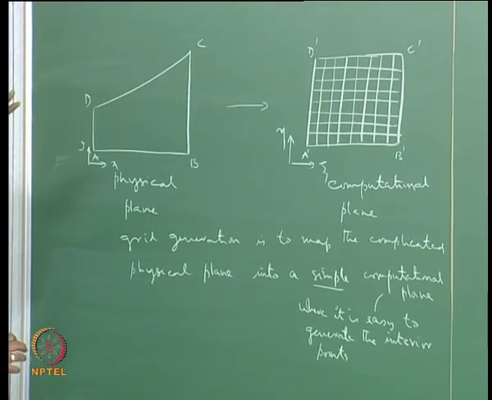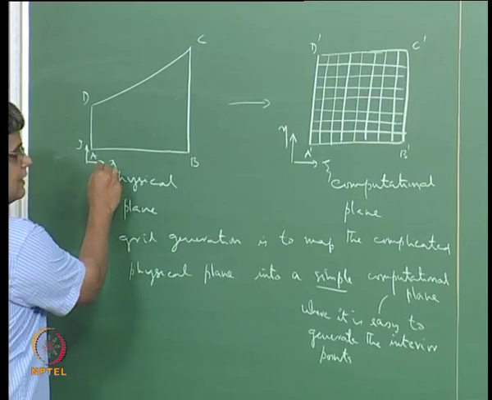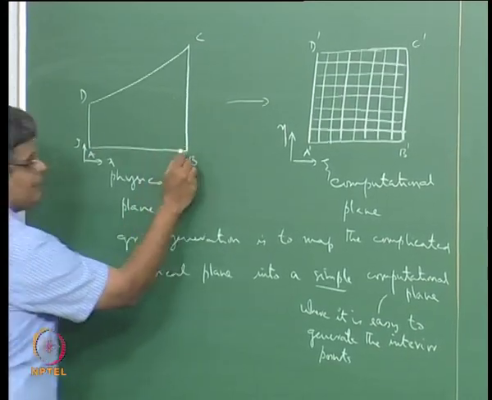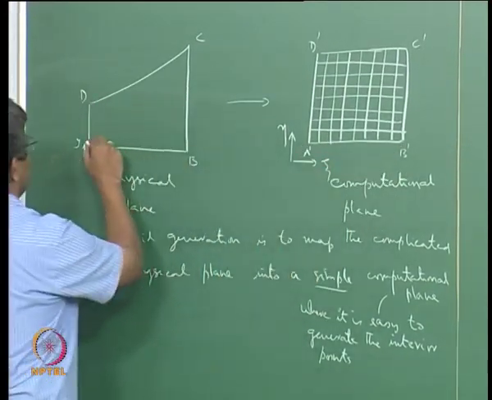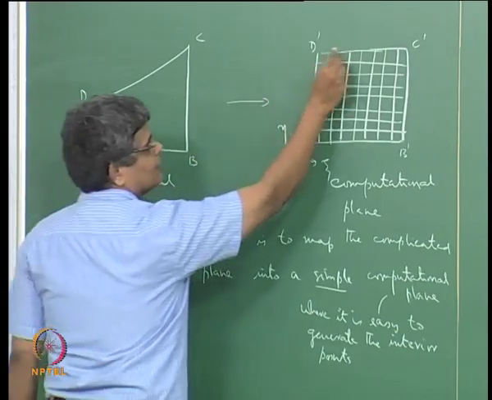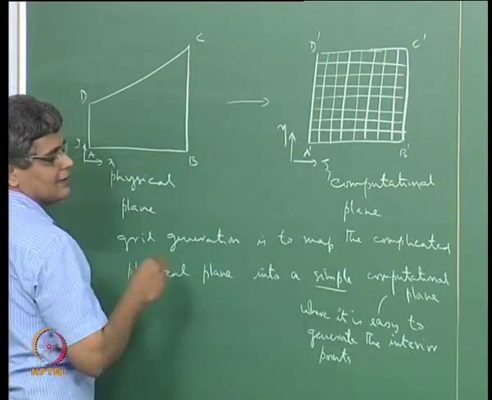We can do in a simple way that we map side AB to side A prime B prime, AD to A prime D prime, and C prime D prime like this, in this way.